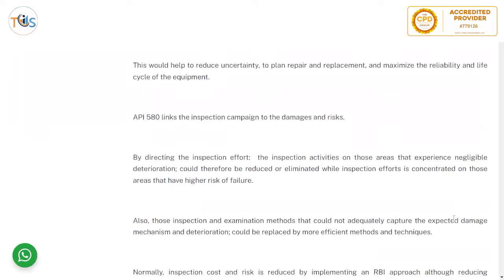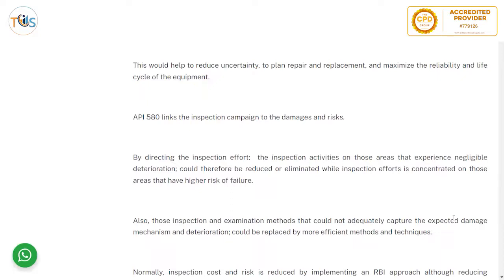This would help to reduce uncertainty, to plan repair and replacement, and maximize the reliability and life cycle of the equipment. API 580 links the inspection campaign to the damages and risk.